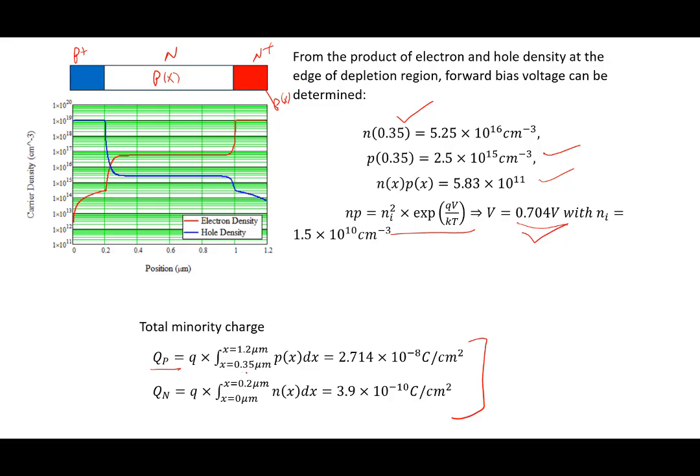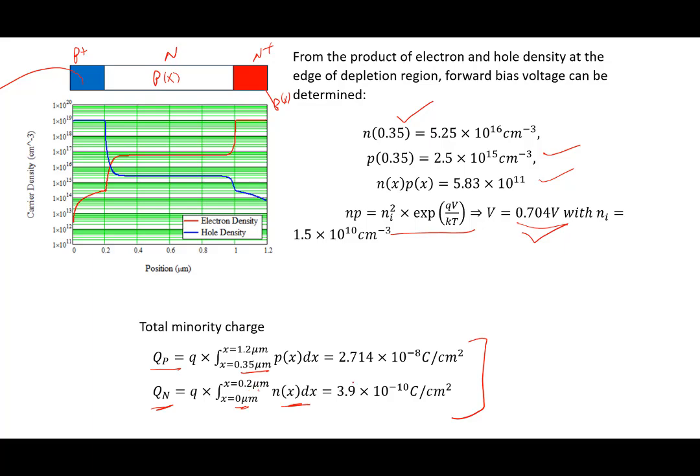I'm integrating from 0.35 to 1.2, just looking at the total minority holes in the N region. And similarly, I'm looking at the total number of minority charges in the P plus region, by integrating the electron density n from 0 to 0.2.